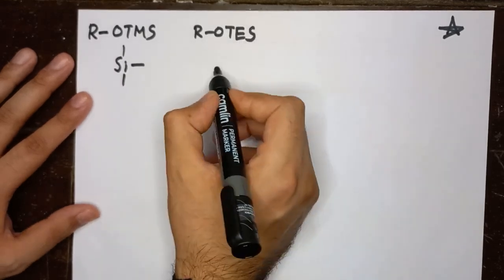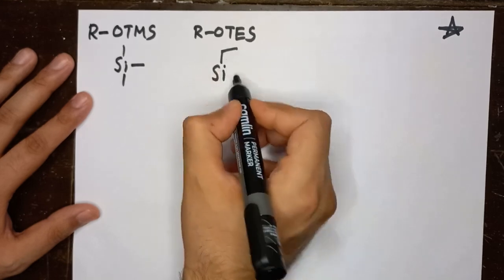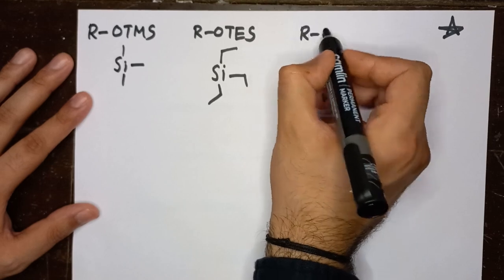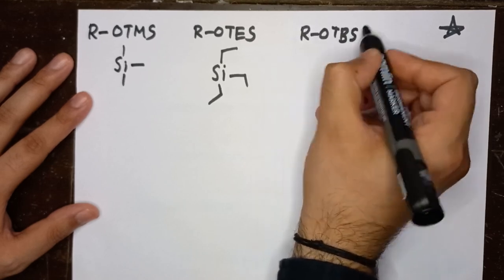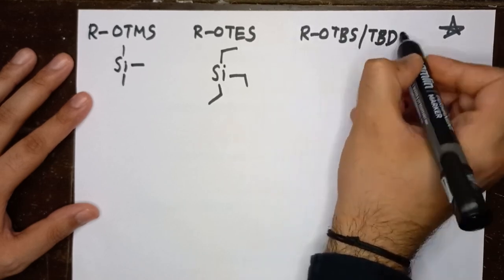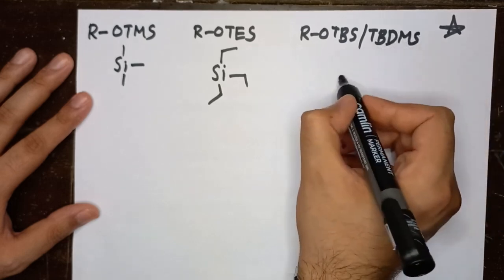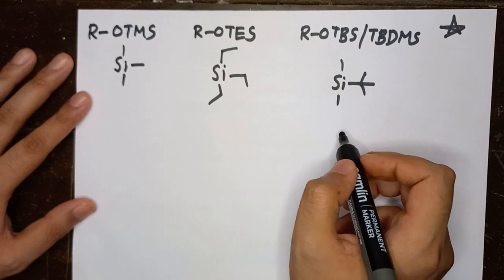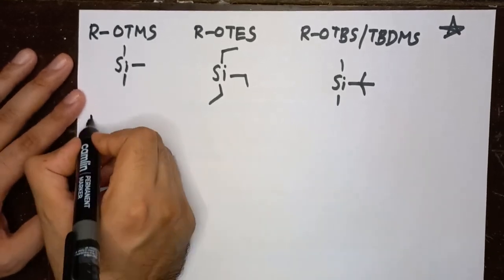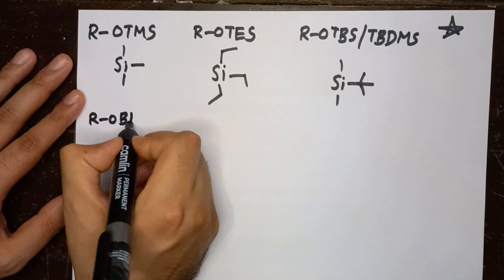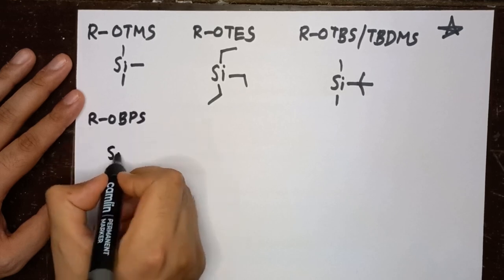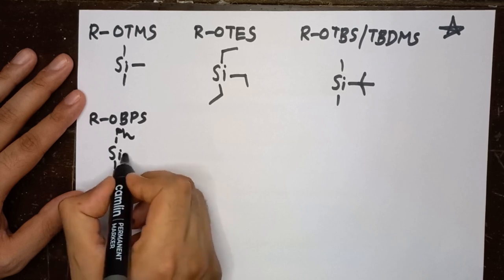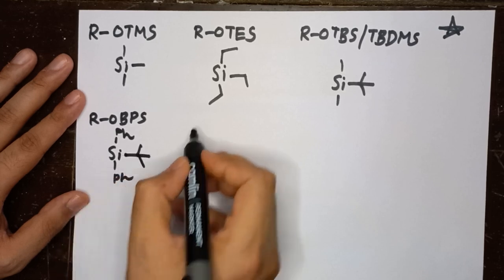We have ROTES, that is silicon attached to ethyl groups. We have ROTBS or TBDMS, that is tertiary butyl dimethyl. Fine. We have ROBPS, which is two phenyls and one tertiary butyl.